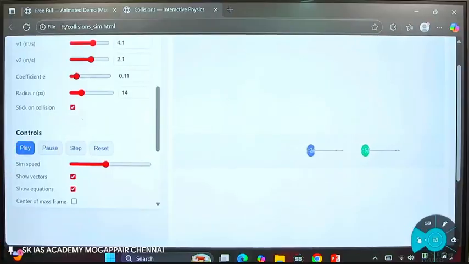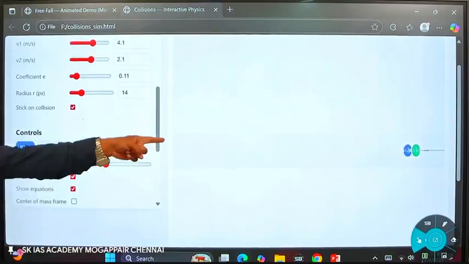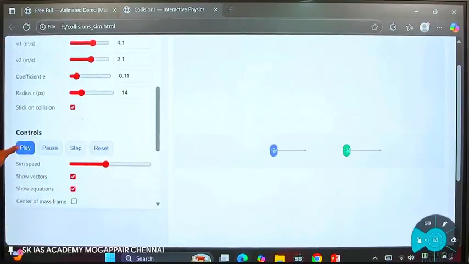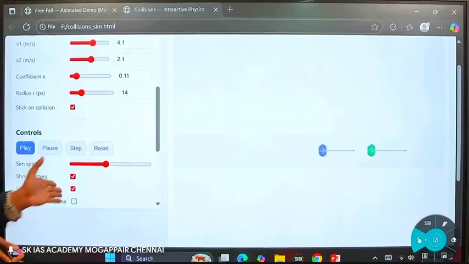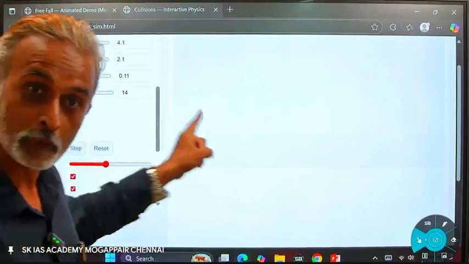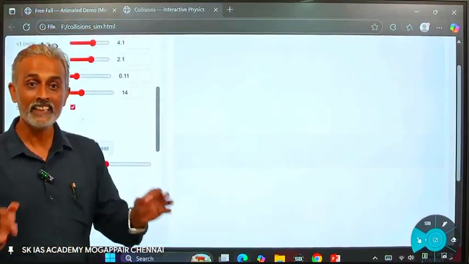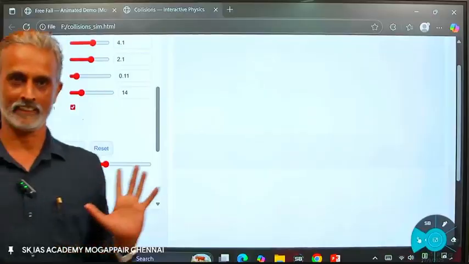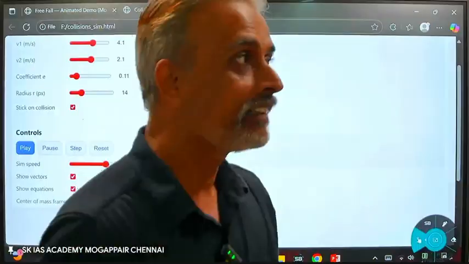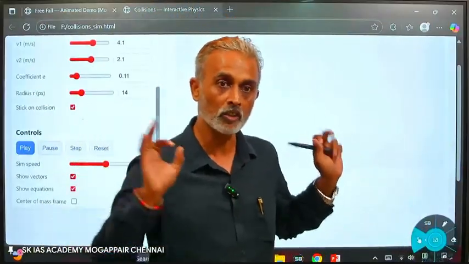See, it will stick. See, it sticks and goes. Correct? See there. It sticks and goes. So we can say that is the inelastic collision. Okay. So elastic collision is also one dimension, inelastic collision is also one dimension.